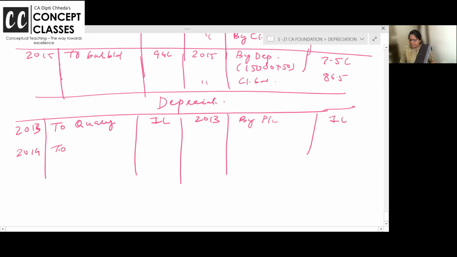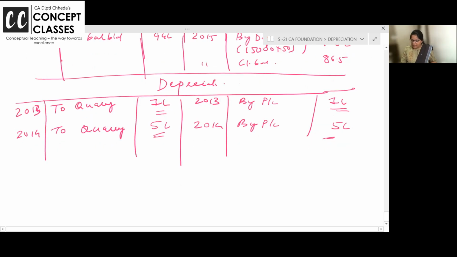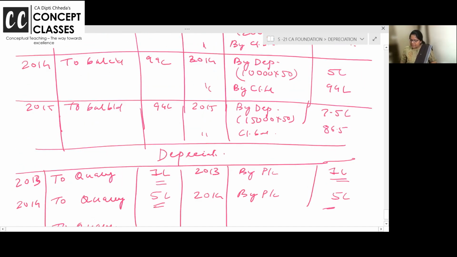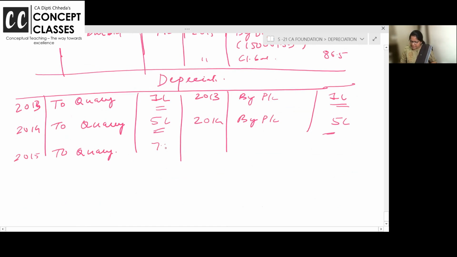2014: depreciation account debit 5 lakh, again on the same day transfer it to P&L account. 2015, again you are getting quarry, third year, 7.5 lakhs, again transfer it to P&L, 7.5 lakhs.